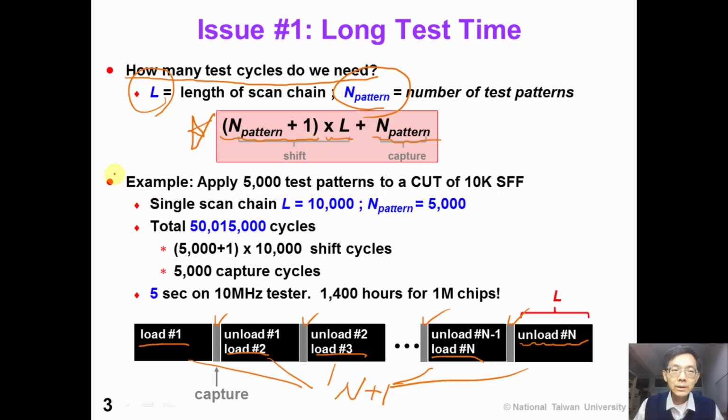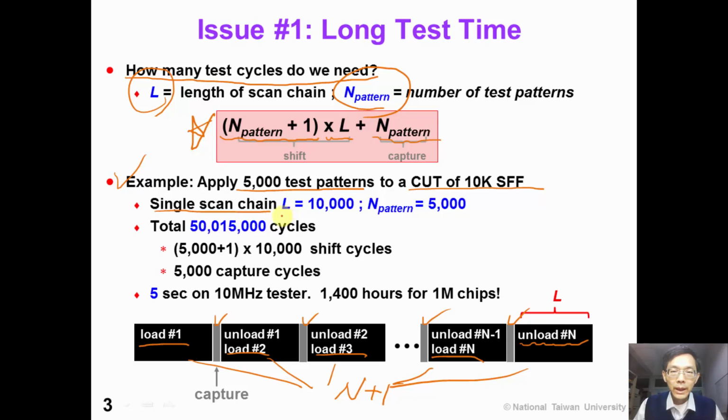For a specific example, suppose that we want to apply 5,000 test patterns to a CUT of which we have 10,000 scan flip-flops. So what is the number of test cycles? Suppose all the flip-flops are in a single scan chain.